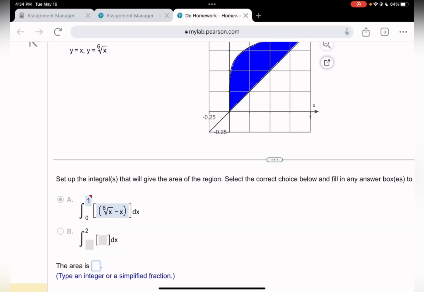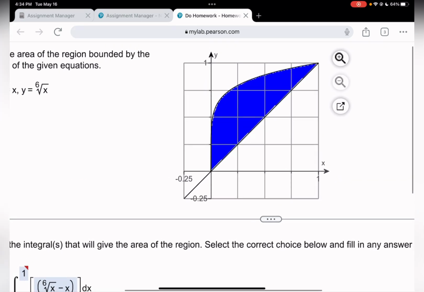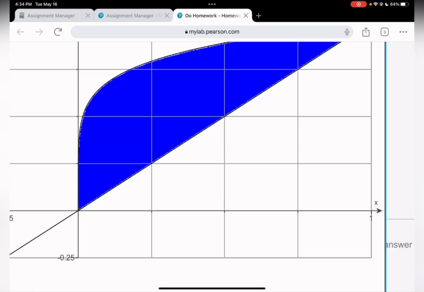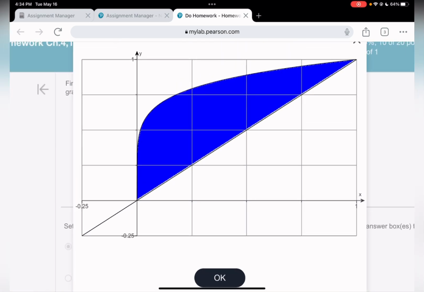Let me read the problem again. Oh, 0 and 1. Okay, 0.25 is given, so 1, 2, 3, 4, 4 times. That's crazy. Oh, on y, see where is 1? 1, 2, 3, 4, 1, 2, 3, 4. 4 squares make 1. So instead of 4 squares, it makes 1.